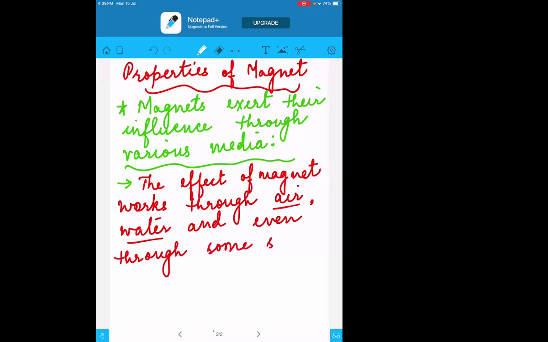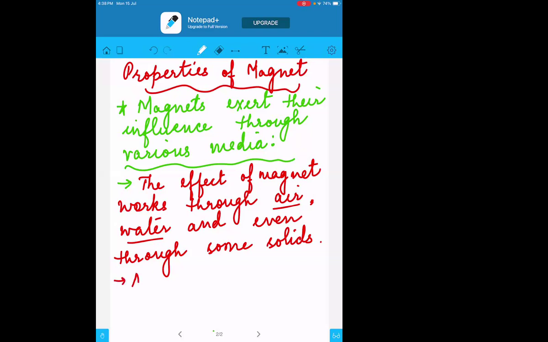Not all solids, only some, depending upon the type. Like I gave you the example of the pencil box: in the front, to close it, you have a magnet, and with the help of the magnet it gets closed. Then we have the purse, which girls carry as clutches. That also has a magnet, and because of that it gets locked.